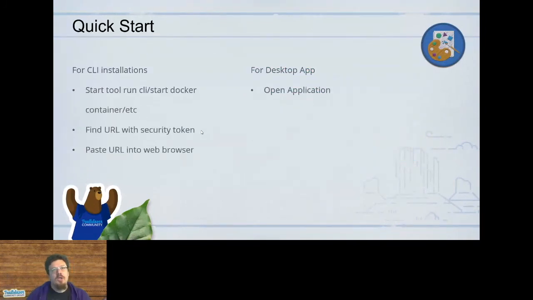Quick start: it's this weird thing that's in the web browser and on a command line, so starting the app is a little bit weird. If we're using one of the command line installations, so Docker, Linux terminal, Mac, you need to run the command line to get it started.